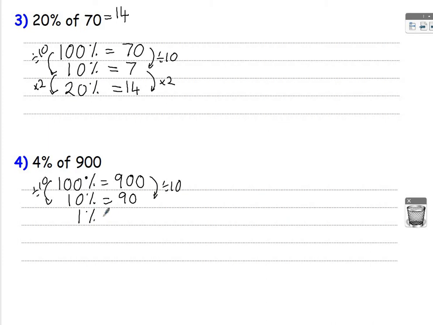How do we get from 10% to 1%? Divide by 10 again, which is 9. 4% is 4 lots of 1%, so times by 4, that will give you 9 times 4, which is 36. Okay, so that's your answer: 4% of 900 is 36.